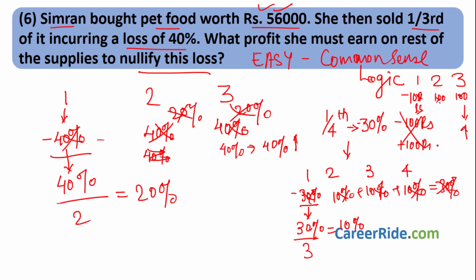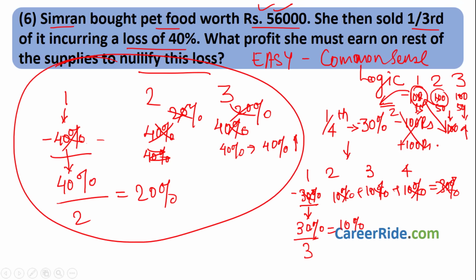So I should get 50 rupees here and 50 rupees here, which when added will give me 100 rupees profit, which gets nullified with this loss. How did we get 50? We simply took 100, which was the loss, and divided it by the 2 parts. So 100 by 2 is 50. Same thing we did over here.